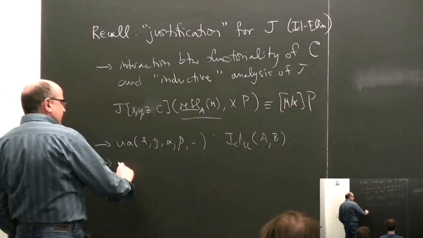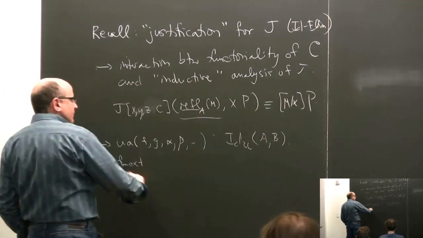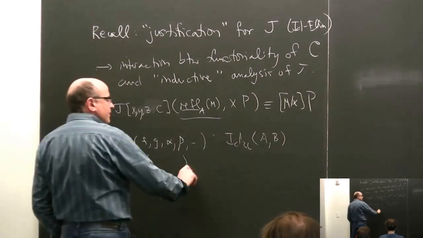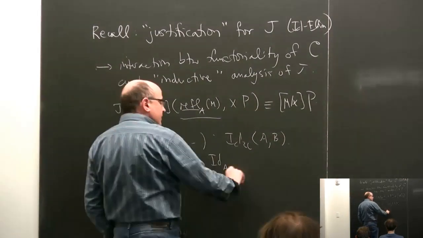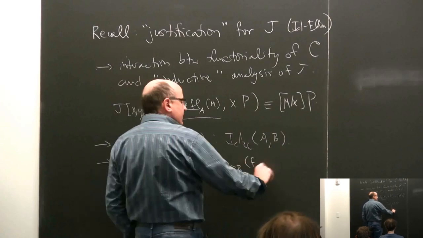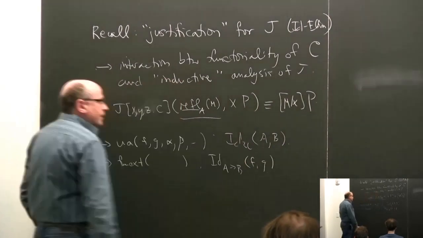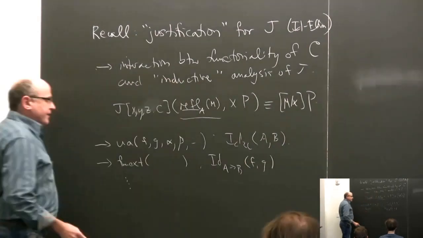And we were also talking about funext. Let me not write that out. We had function extensionality, which was a path between two functions in the function space, and I mentioned there are going to be other things.